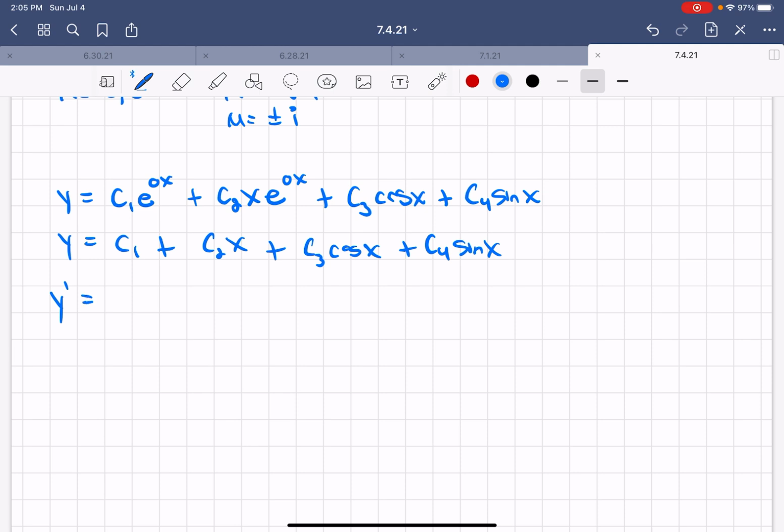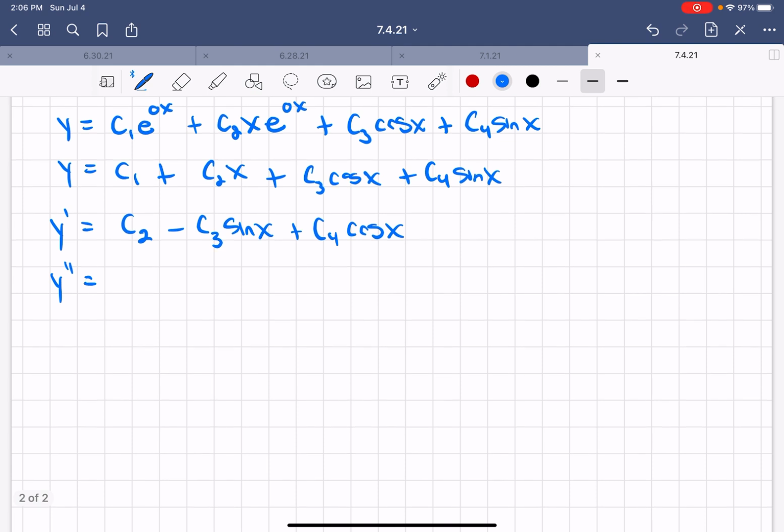Now let's take the derivative. That's just a constant, so it's 0. That would be c2. The derivative of cosine is negative sine, so that would be negative c3 sine x. Derivative of sine is cosine, so c4 cosine x. Now let's take the second derivative.